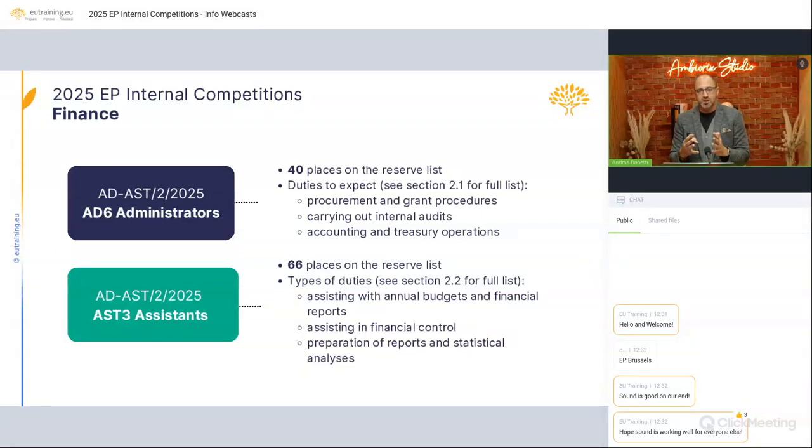And again, in terms of the substance of what you need to do as a job profile, is quite different, because this is focused on procurement and internal audit and accounting and treasury, which is quite decoupled from HR functions. So again, there might be some of you who have that positive dilemma whether to go for the HR or the finance, but many of you would likely have one or the other in mind, depending on your background, depending on your professional parcours, your professional career track.